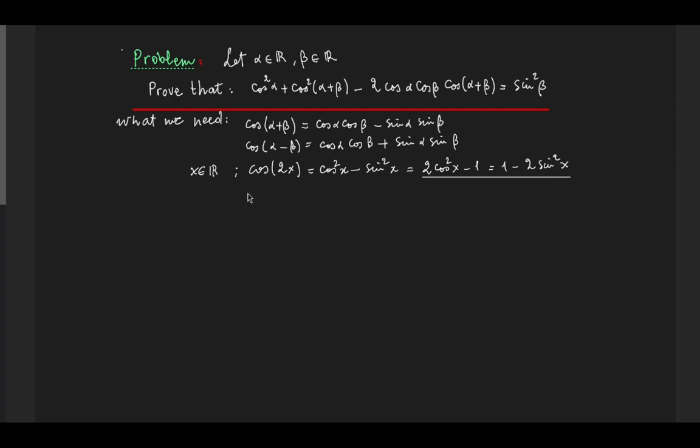And at last we have the product cos p times cos q, where p and q are both real numbers. This product is equal to 1/2 times cos of p plus q, plus cos of p minus q.